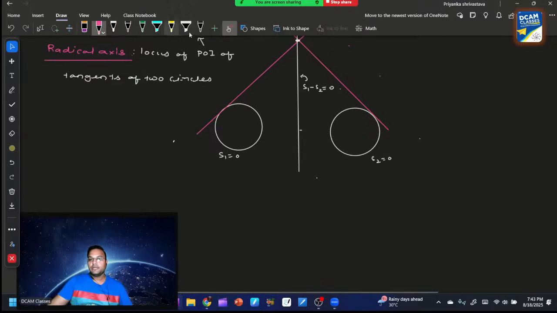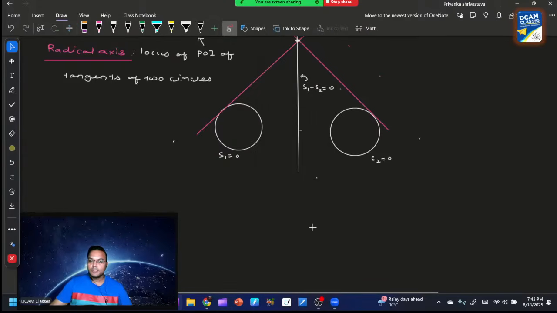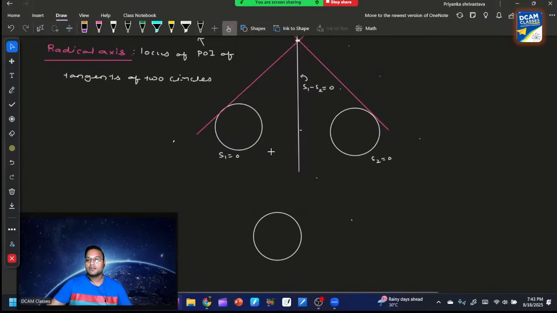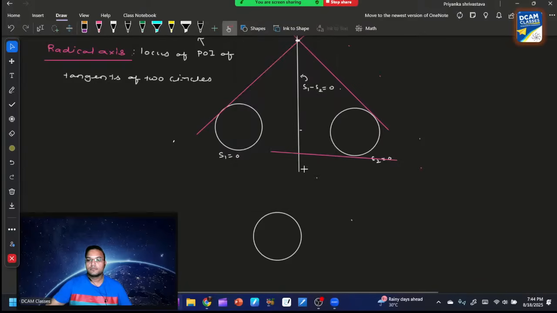Now suppose I have taken one more circle, somewhere here, and I have tried to draw the common chord for each of them taken separately. Wantedly I am drawing like this.